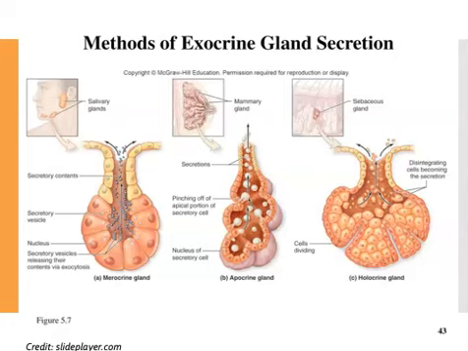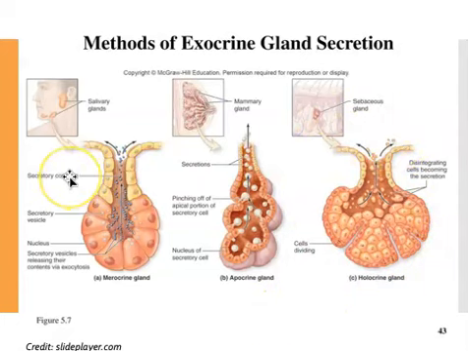Now, on this slide, we're looking at the different methods of secretion that we see in exocrine glands. On the left-hand side, there's a representation of a merocrine type gland. In the middle, there's an apocrine type gland. And over on the right, there's a holocrine type gland.